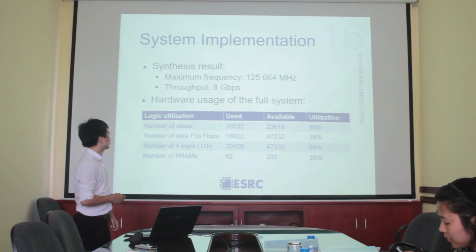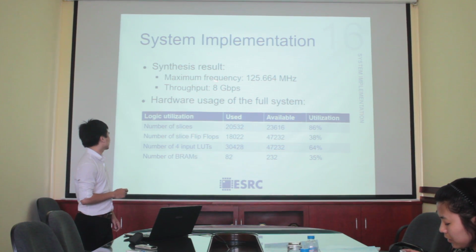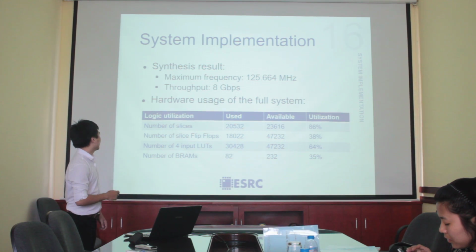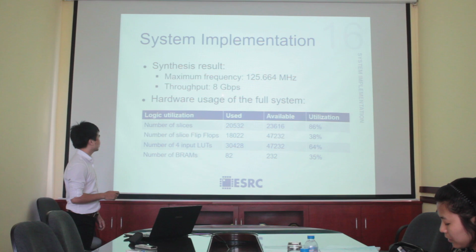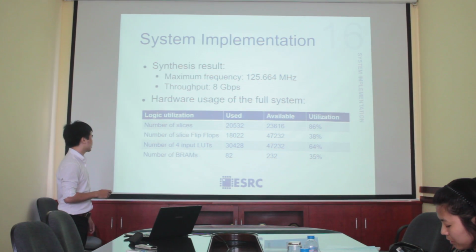After implementation, we had a synthesis result here with a maximum frequency of over 125 MHz and throughput reaching 8 gigabit per second, which guarantees the performance of the suite.